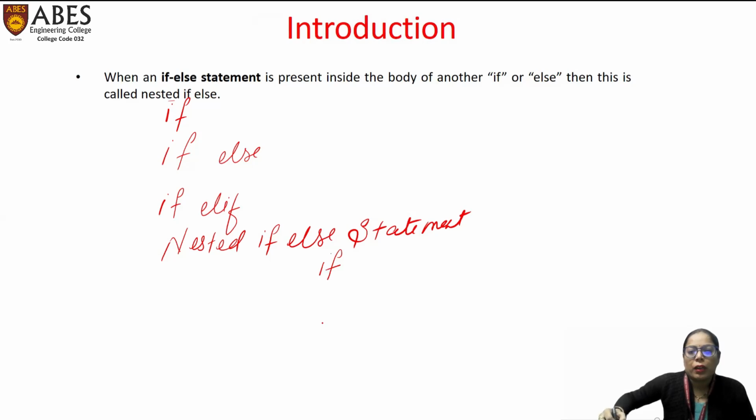For example, if we have an if-else statement, and we have another if-else statement inside this, this is called a nested if-else statement. We can have an if-else statement inside another if-else statement, and it can be multiple. So this is the concept of the nested if-else statement.